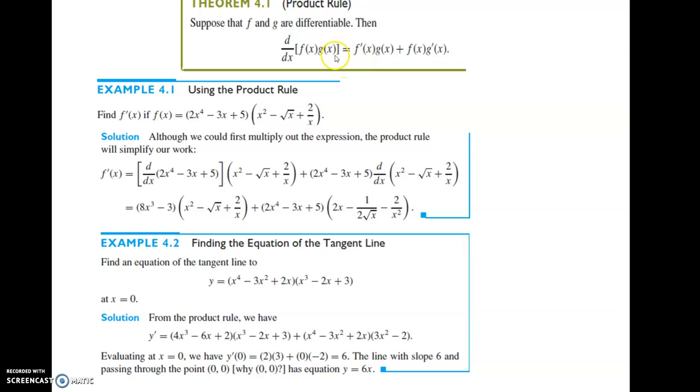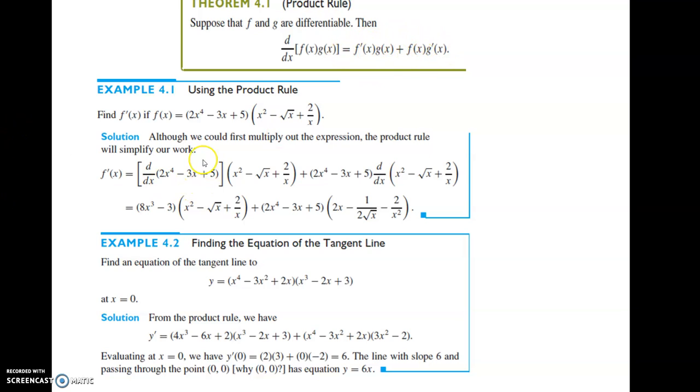Find the derivative of the first, that is f prime, keep the second function g as it is, plus, only plus, then interchange it: keep f(x) as it is, differentiate the second one, g prime x. This is known as the product rule.